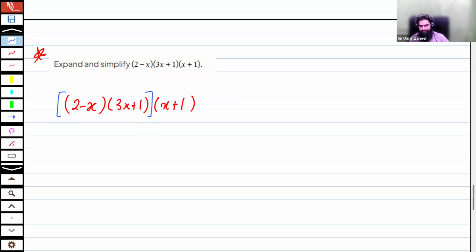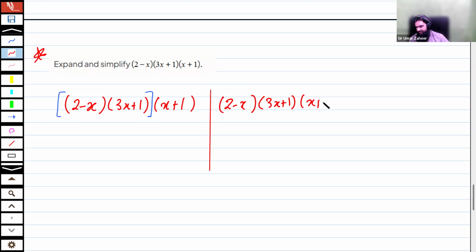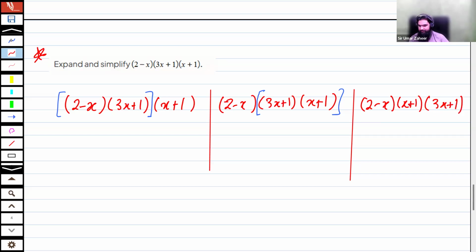Mustafa, do this one. Ishal, you have to do it this way. You have 2 minus x into 3x plus 1 into x plus 1. You have to multiply these two brackets first and then multiply with the answer. And Zimil, you have 2 minus x into x plus 1 multiplied by 3x plus 1.